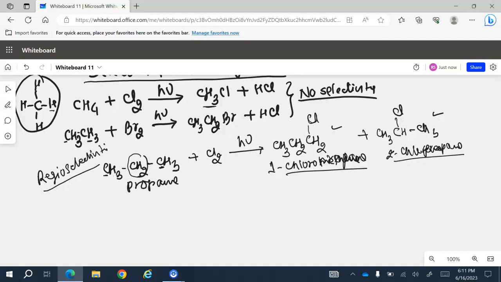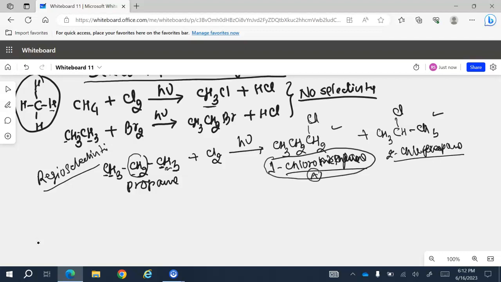Now, if you think of the statistics here, there are six of these hydrogens. So based on these six hydrogens, the probability factor, 1-chloropropane should be the major product, and there are only two of these hydrogens, so 2-chloropropane should be the minor product.